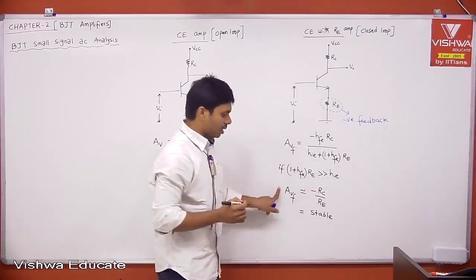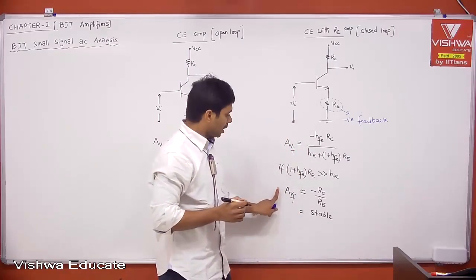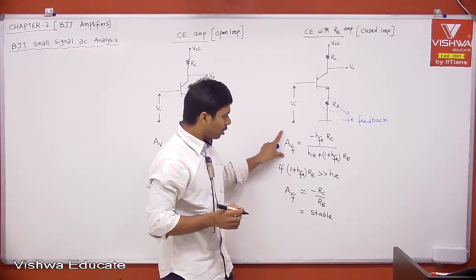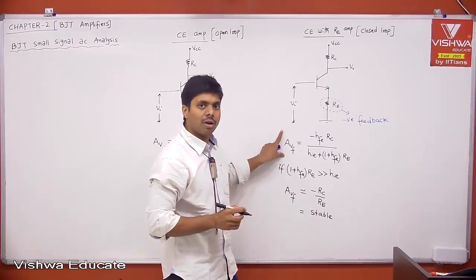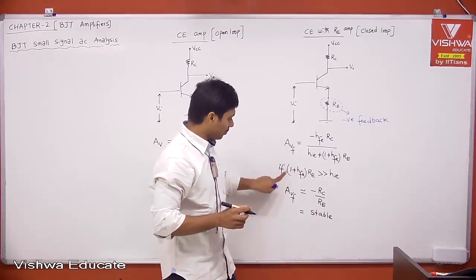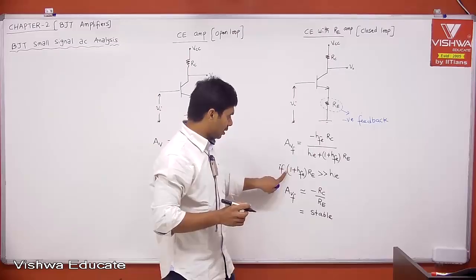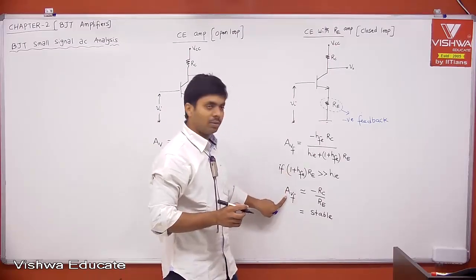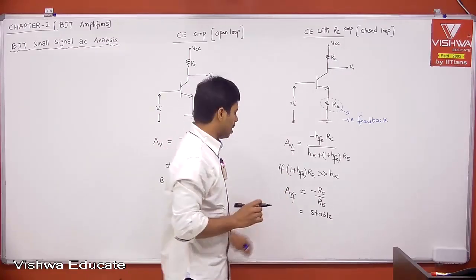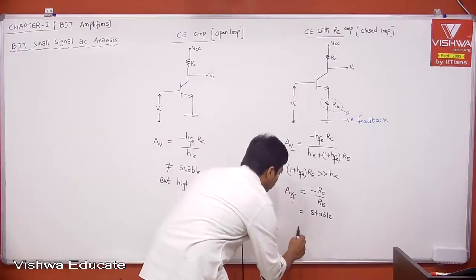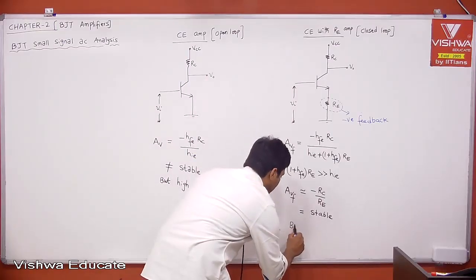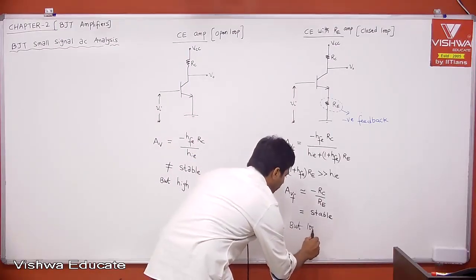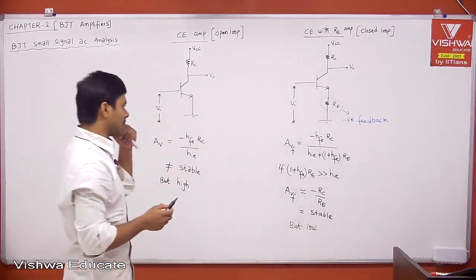Remember, don't just remember this formula. This is a derived formula; we need to remember the original formula. If this condition is true, then only this is valid. If this condition is not true, then we cannot use this formula. Very important. This is stable but the value is low. This is what we had seen in the last class.